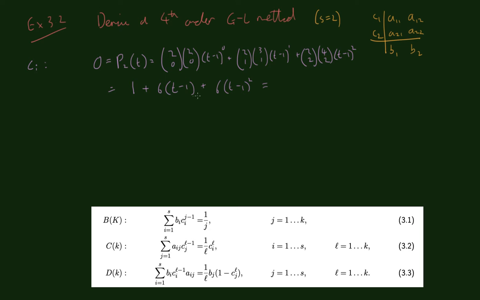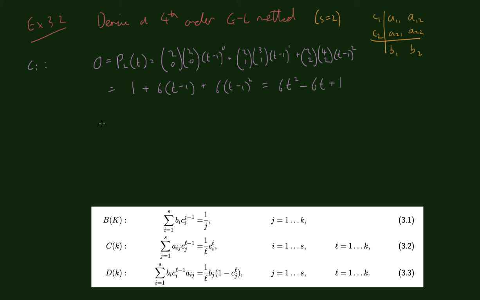If we simplify this, eventually we get 6t squared minus 6t plus 1. So that's our second order Legendre polynomial.